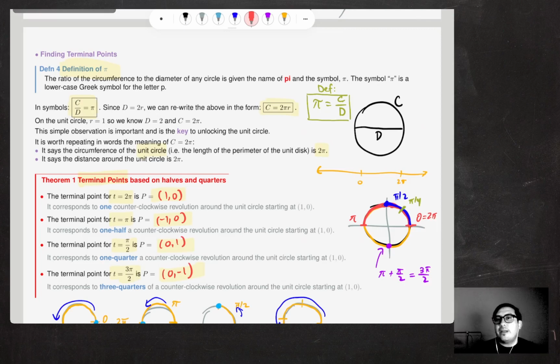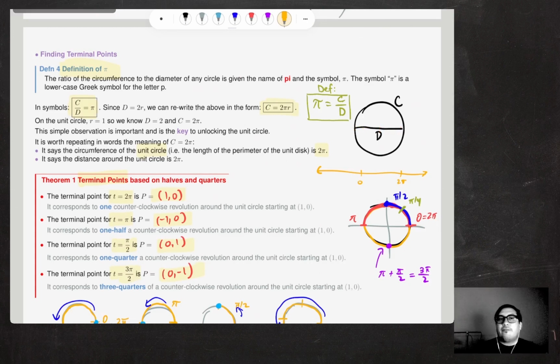Now, if you remember, the diameter is just 2 times the radius. I'll remind you, radius is this part here. Radius is one of them, here's the second one. So the diameter is just 2r. Because of that, we can rewrite this formula as the circumference is 2 times pi times r.